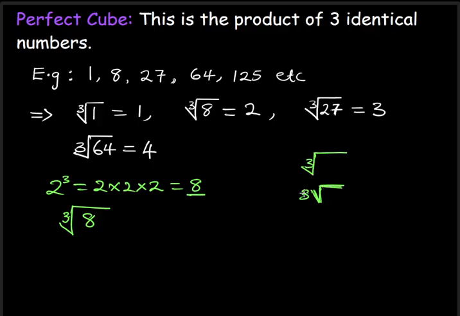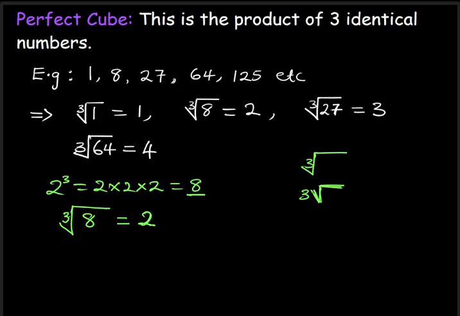So they are different things entirely. Okay. So then the cube root of 8 will now give us what? 2. So you can see that cube root is the opposite of cube. Take note of that.